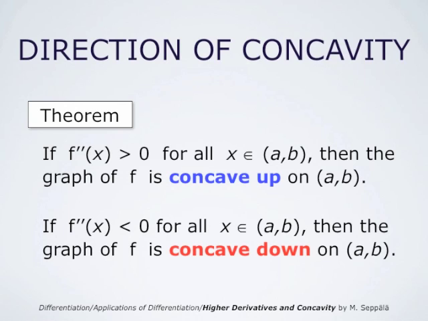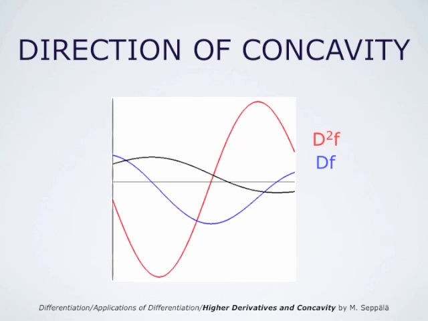So when we have to figure out whether the graph is concave up or concave down, we simply look at the second derivative. Here, this picture shows the graph of a function f. This is the black curve. Its derivative is the blue curve, df, and the second derivative is the red curve, d squared of f.